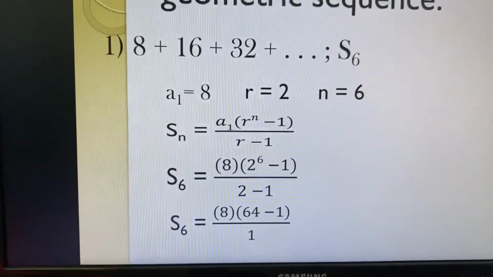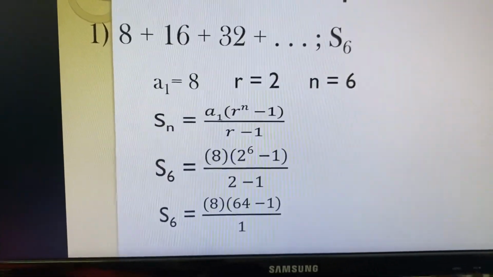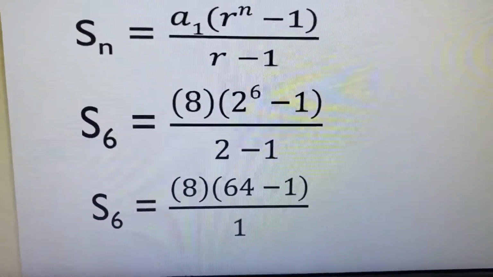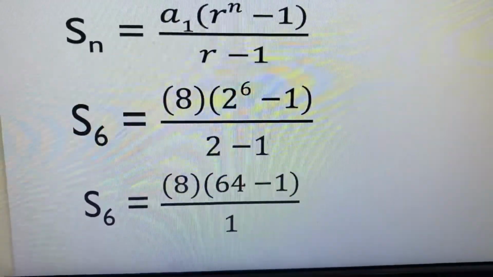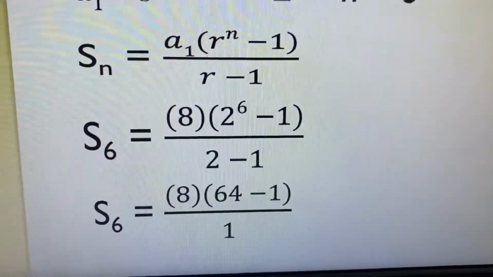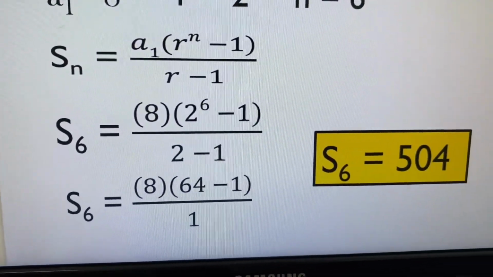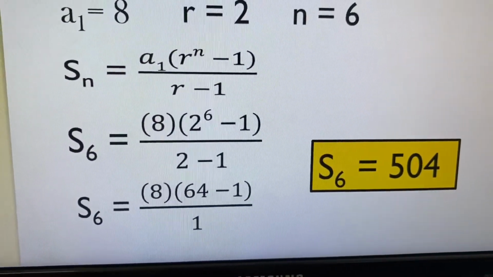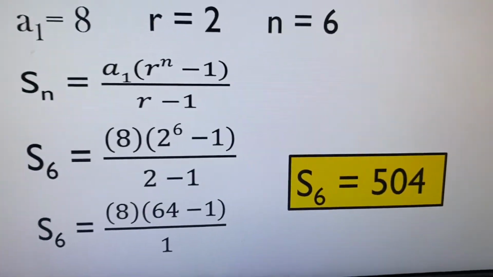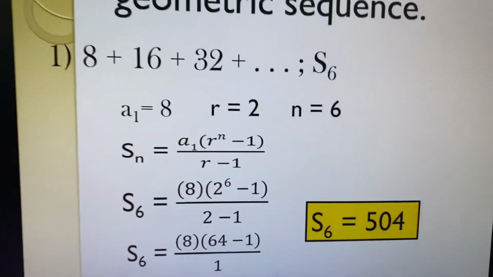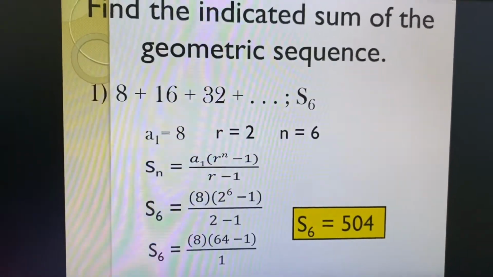Simplifying this, we have S sub 6 equals 8 times quantity 64 minus 1 all over 1. Then the final answer now is S sub 6 equals 504. So that is the answer for question number 1.